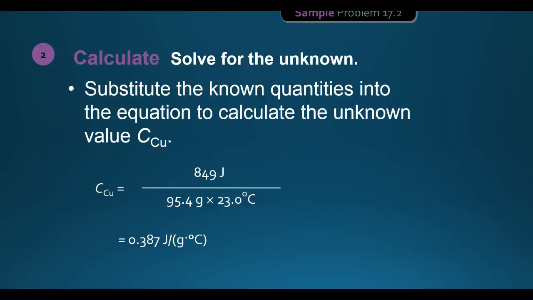So substitute in the numbers. Q is 849 joules over the mass, 95.4 grams, times 23.0 degrees Celsius. And when we do our math and the calculation, we get 0.387 joules over gram degree Celsius.